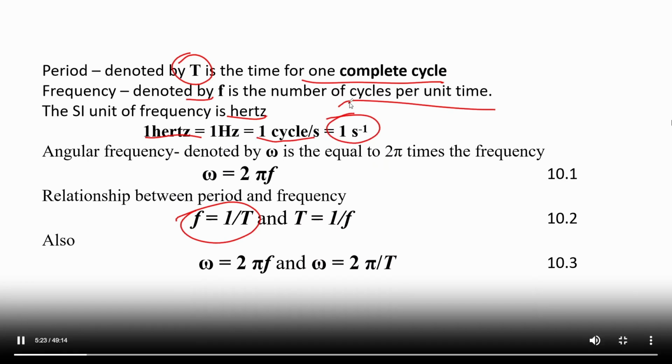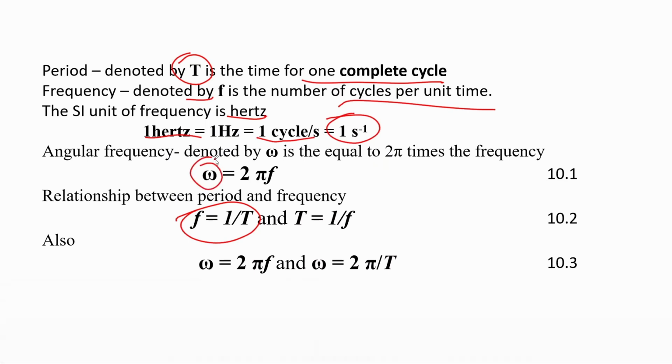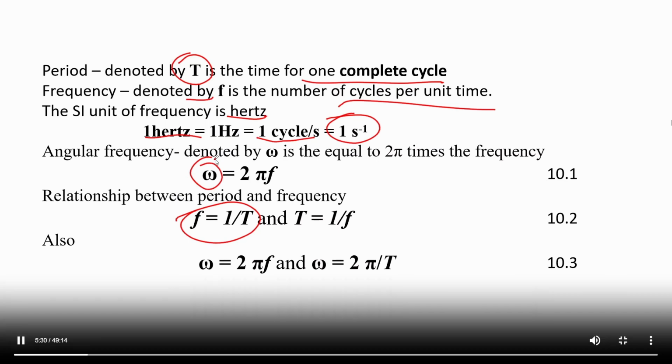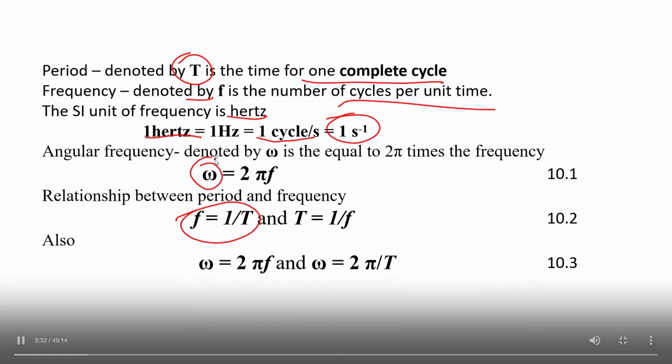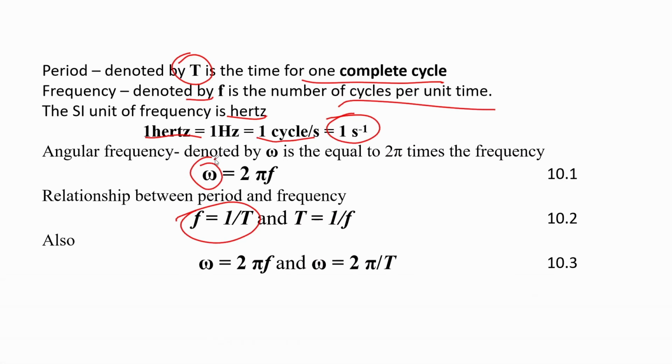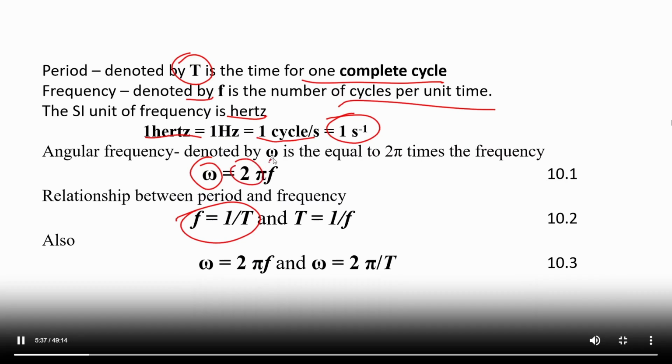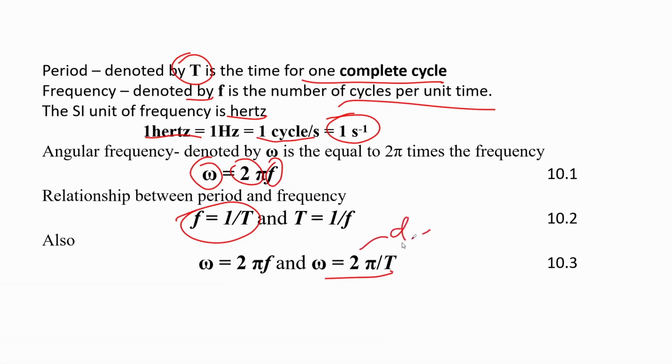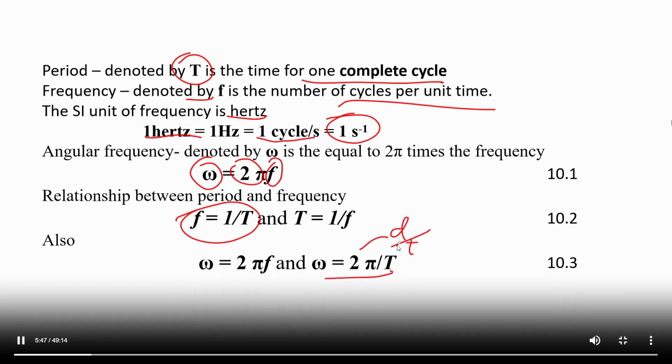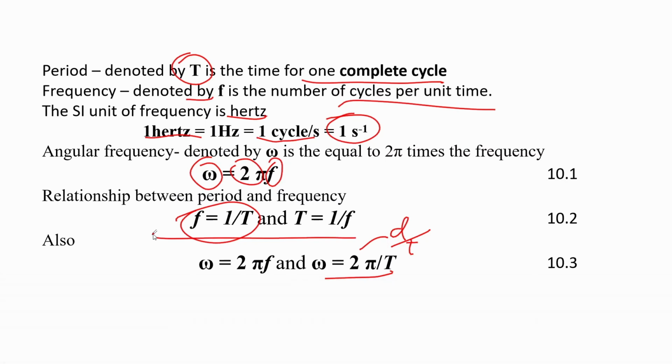And we also have the angular frequency. I think we remember we also use this symbol for the angular velocity. So omega is equal to 2 pi times f, which is also equal to 2 pi over T. Here we have the relationships of the frequency with respect to the period.